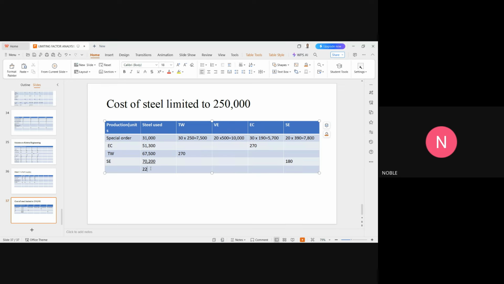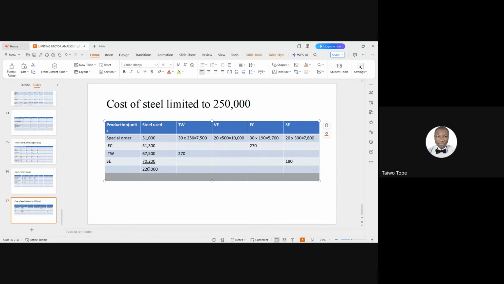The total of this is 220. So the next ranking product is VE. And the 100% of VE is 200, right? And when you take 20 from 200, you have 180. So you have 30 left.